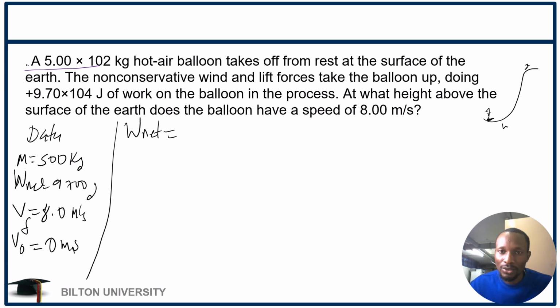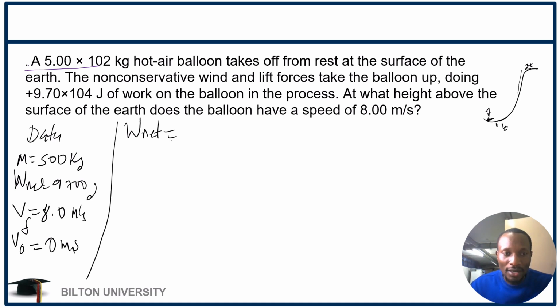But then it starts to move, which means that this potential energy is converted to kinetic energy, and as it goes until it reaches here, our kinetic energy is converted to potential energy. So we need to look at both the potential energy and kinetic energy, and we look at the change in both.